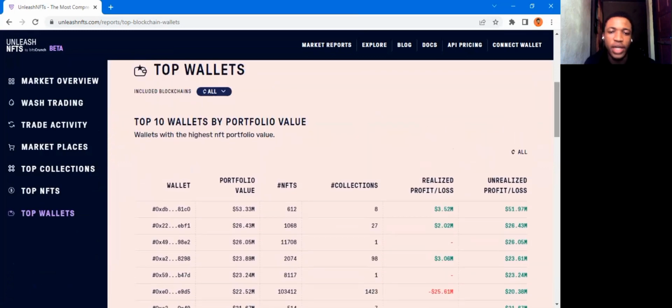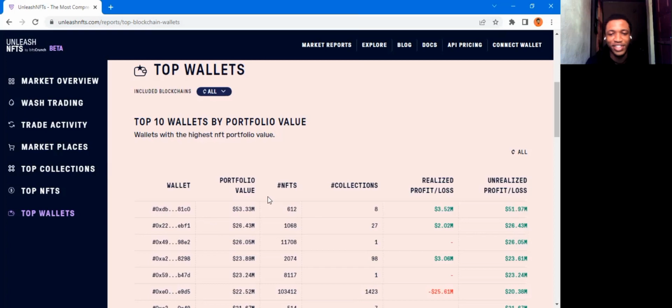For the wallets with the highest NFT portfolio value, what we have here are wallet addresses. The first one, in terms of the highest NFT portfolio value, is $53.33 million, and this wallet is currently holding 612 NFTs.